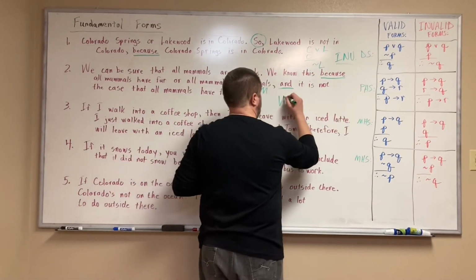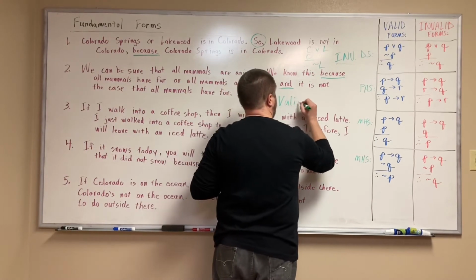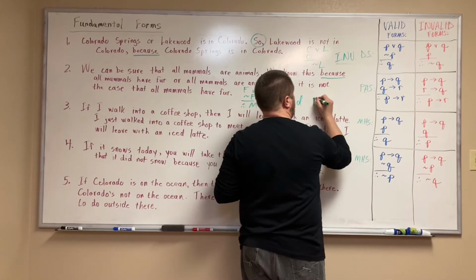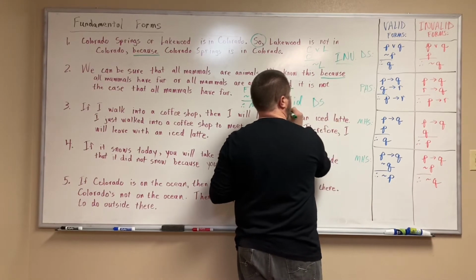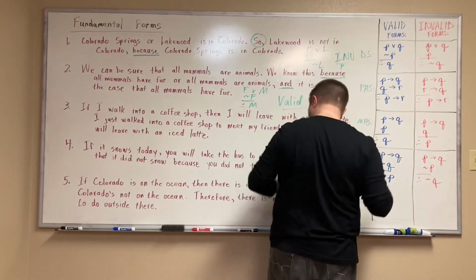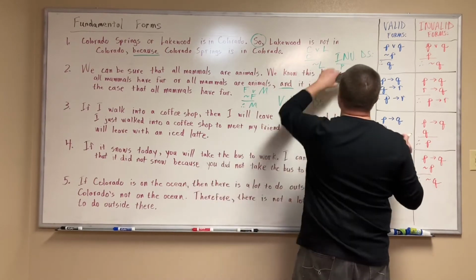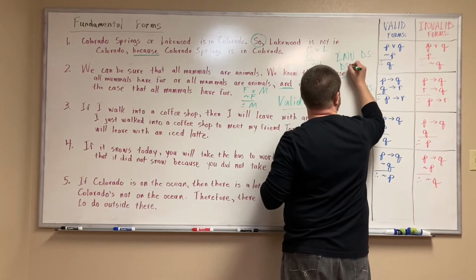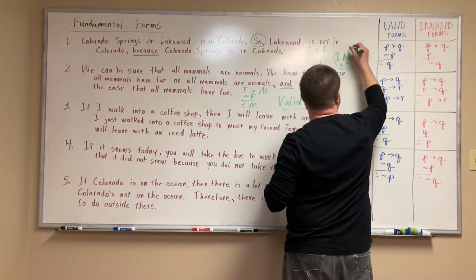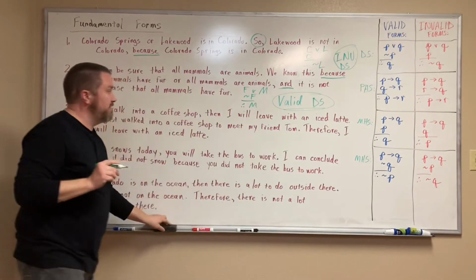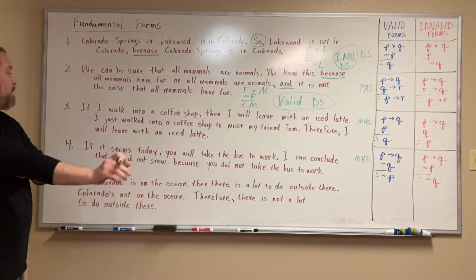So that looks like it's going to be a valid form of disjunctive syllogism. Number 1 is an invalid disjunctive syllogism. Number 2 is a valid disjunctive syllogism.